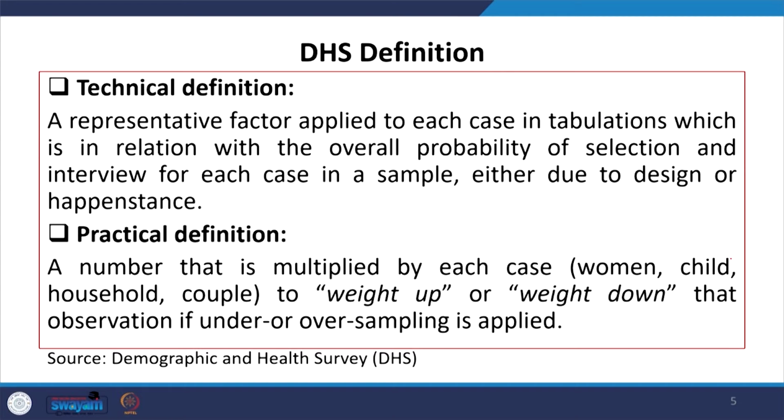In practical terms, and this is easier to understand, it is a number that is multiplied by each case, maybe for women, children, household, or couple, to weight up or weight down that observation if under or over sampling is applied. So, weighting up or weighting down is possible if we apply the exact sampling procedure. Let us understand that further.